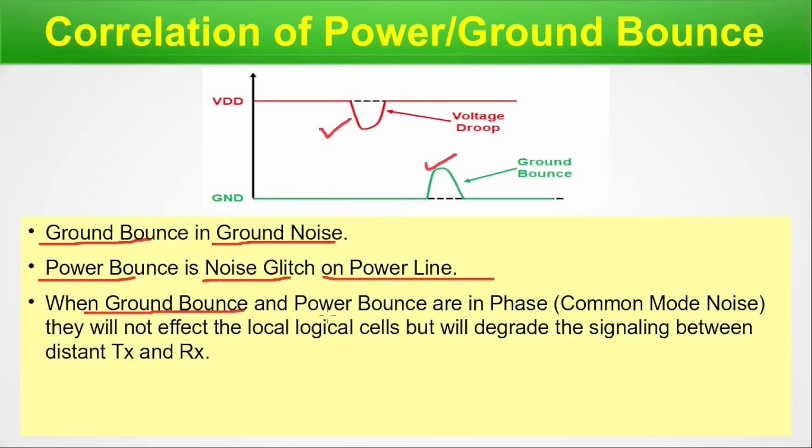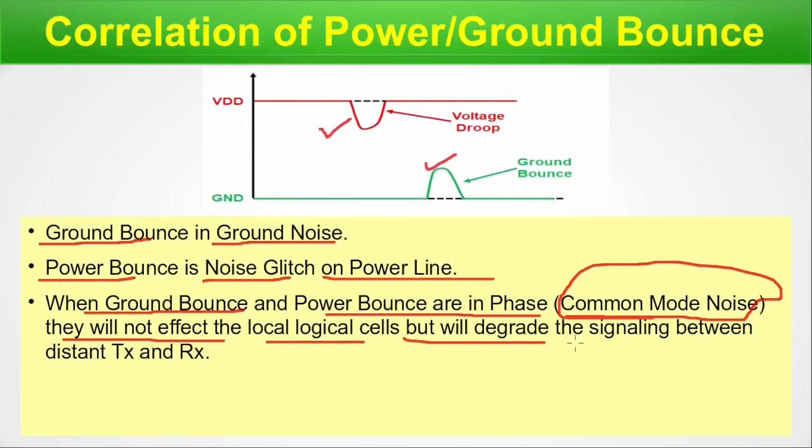When ground bounce and power bounce are in phase, it is common mode noise. They will not affect the local logic cells, but will degrade the signaling between the distant transmitter and receiver, that is TX and RX. Generally, if these two are in phase, it will not impact the immediate circuit.